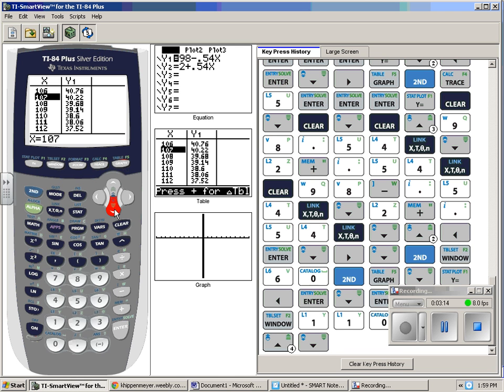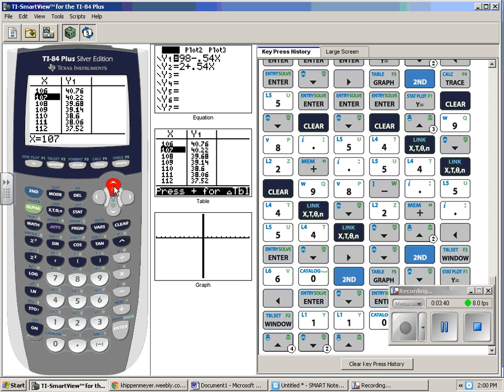If you look at the table, you can see that when you get to 108 years after 1960, the percentage of male doctors has dropped below 40%. We want it to remain above 40%. So if it's going to be above 40%, the crossover is approximately at 107, where it's equal to 40.